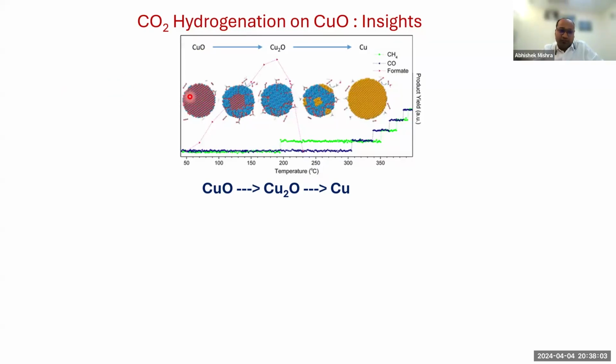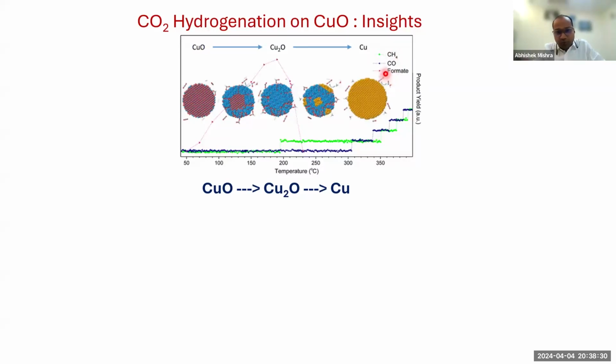The first, as you can see here, is that after some time the CuO was reducing into Cu2O and finally into copper. That was the first observation in the experiments. And the second, in terms of products, was that they did not find any methane or monoxide.